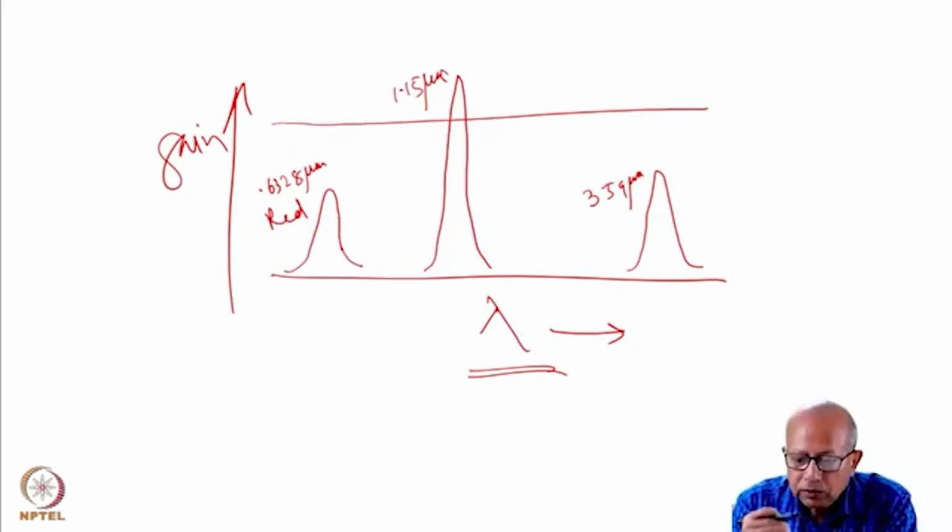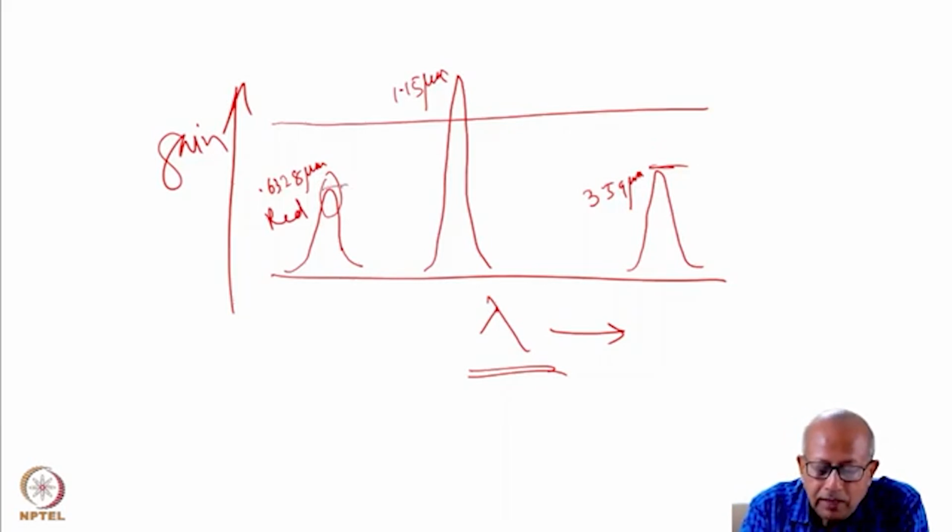Now, for such a loss, you can clearly see that there cannot be any amplification of light at the red wavelength or at this infrared wavelength because the loss is so much more than the gain.